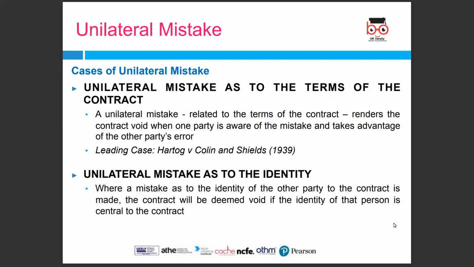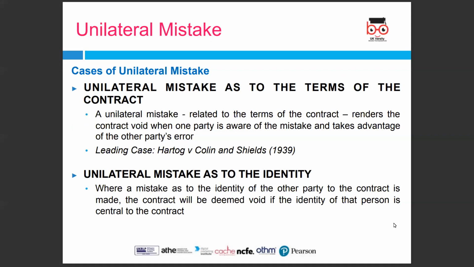So, cases of unilateral mistake as to the terms of the contract. Unilateral mistake relating to the terms of the contract renders the contract void when one party is aware of the mistake and takes advantage of the other party's error. And the leading case in this is Hartog and Collin and Shields, 1939.